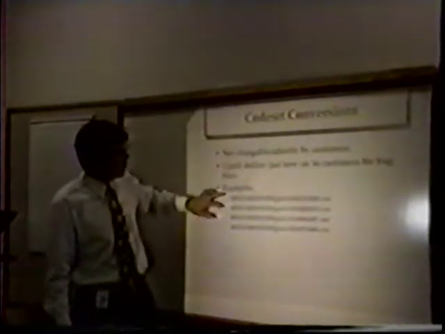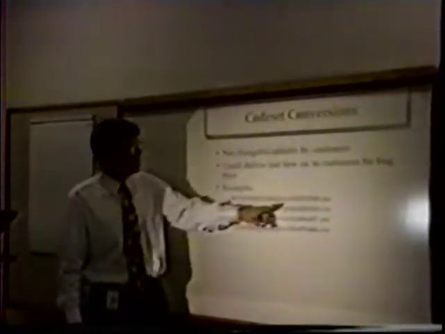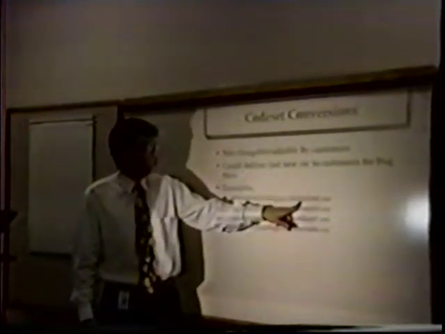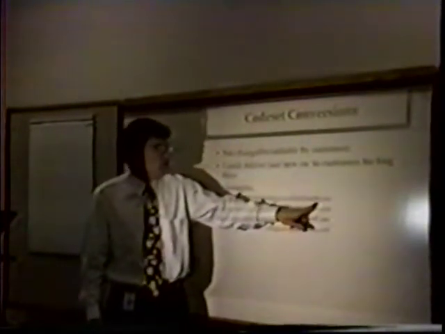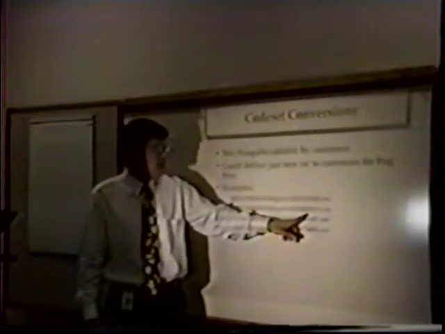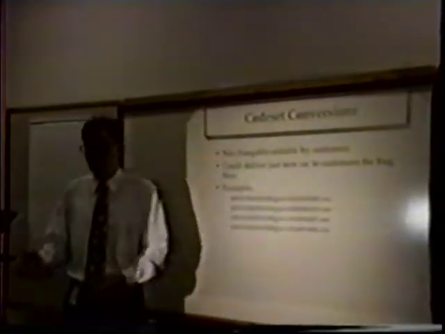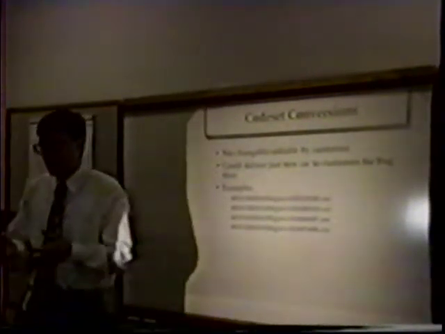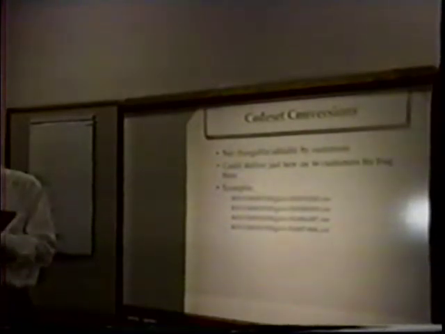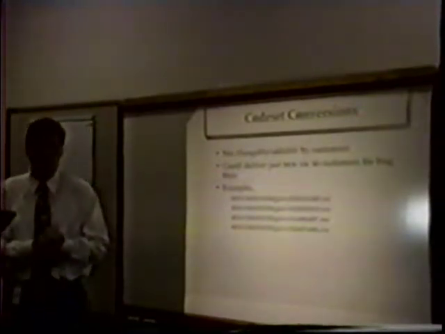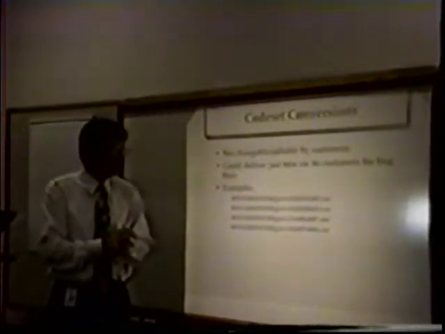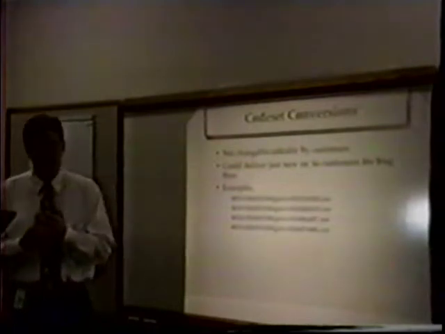For every code set conversion, there's a pair of these files. From and to. This is from 0333 to 02B5, and this is from 02B5 to 0333. Once again, these are hexadecimal representations of code set numbers that correspond to either a name or an IBM CCSID, and then the extension .cd.